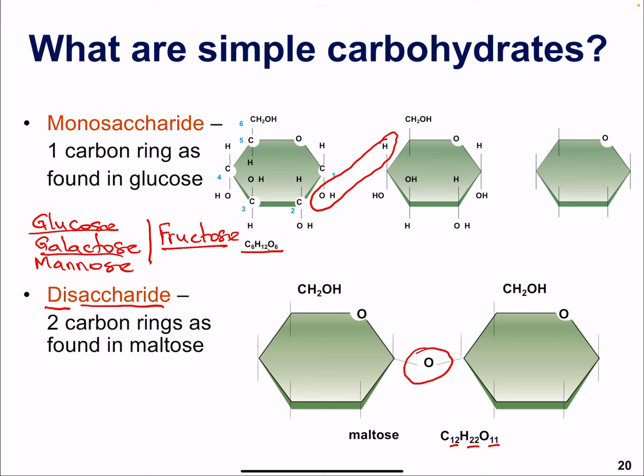This is so because you lost one oxygen and two hydrogens. When you want to determine the overall chemical formula of a complex molecule, it's very important to consider that you are going to have a dehydration during the reaction.